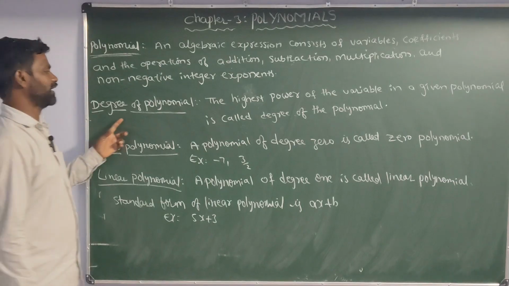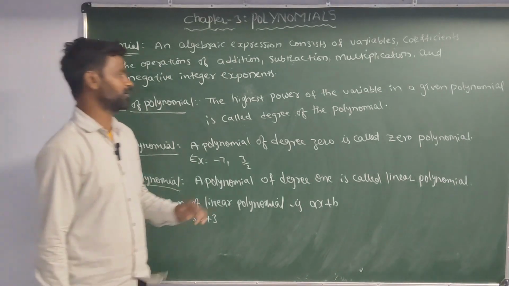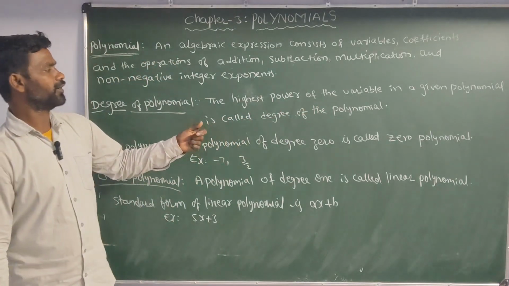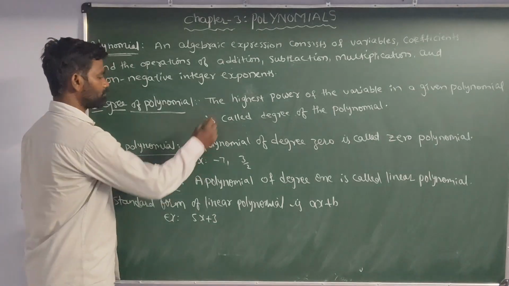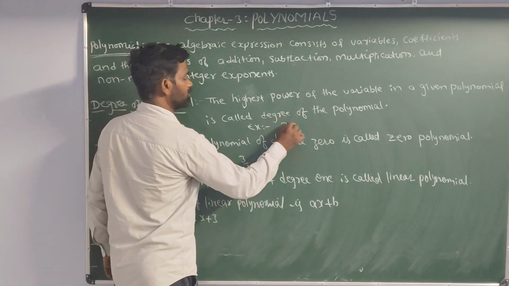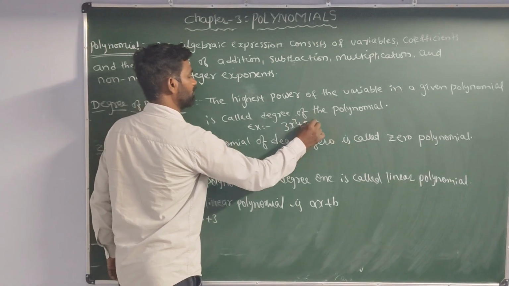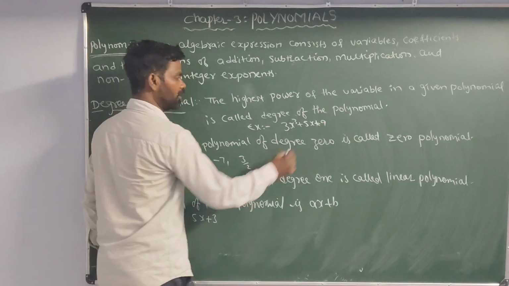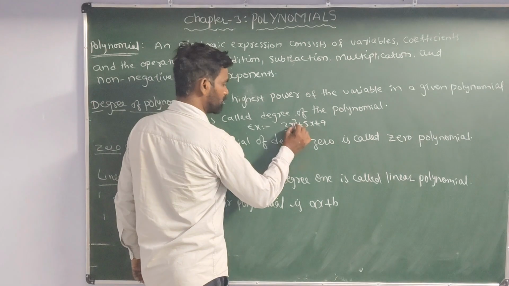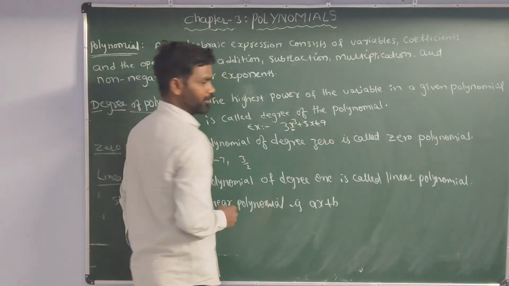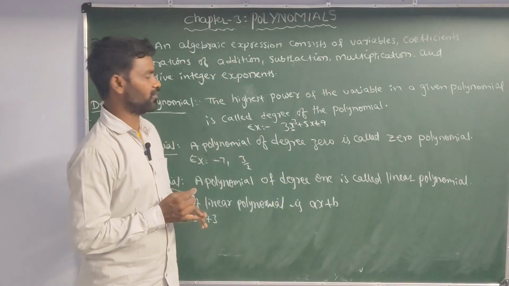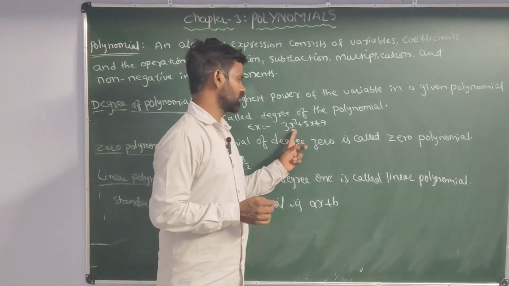Next, what is the degree of the polynomial? The highest power of the variable in a given polynomial is called the degree of the polynomial. For example, take one polynomial, 3x cube plus 5x plus 9. What is the degree of this polynomial? Here x is the variable, because a variable is nothing but a letter of the alphabet, and here only one letter is there, that is x.